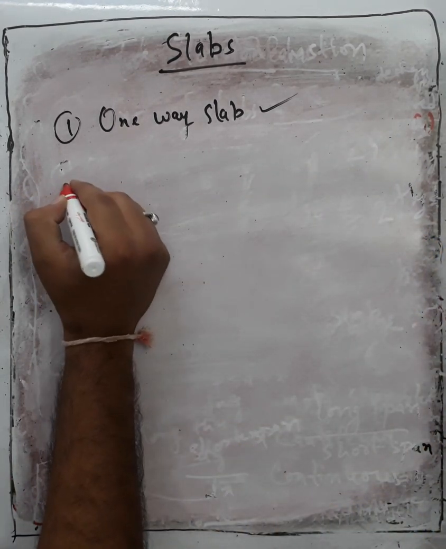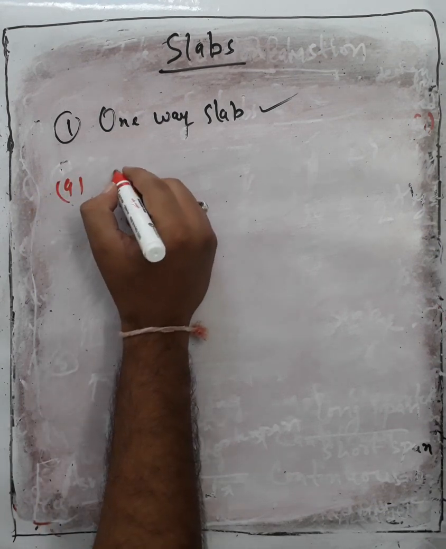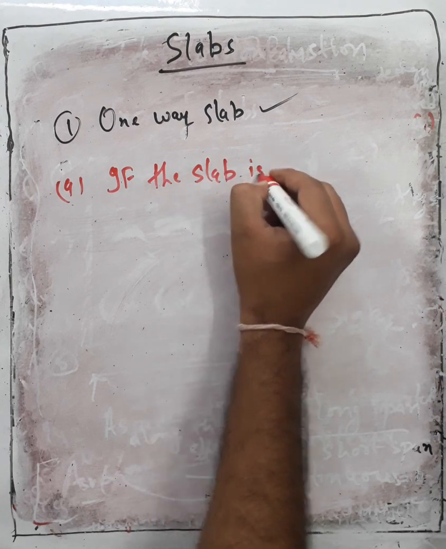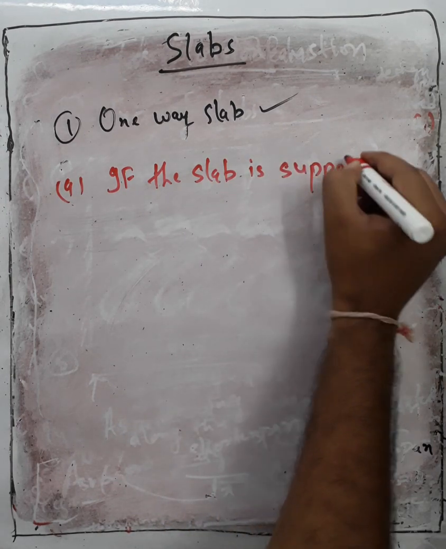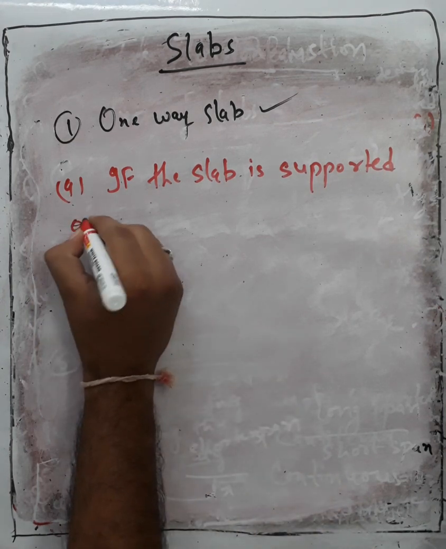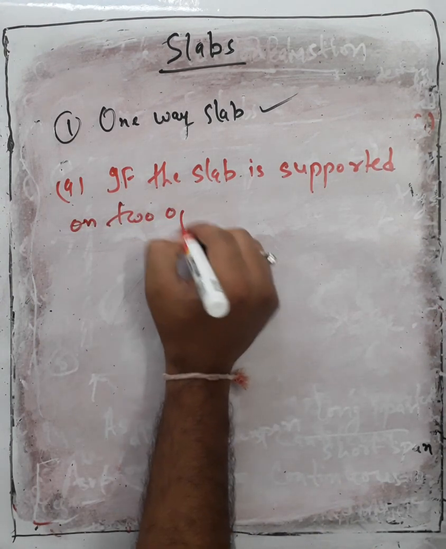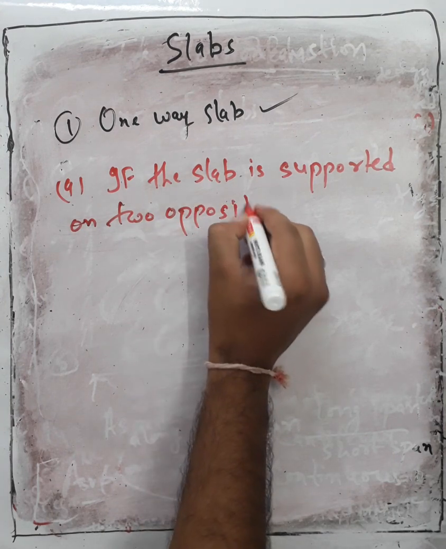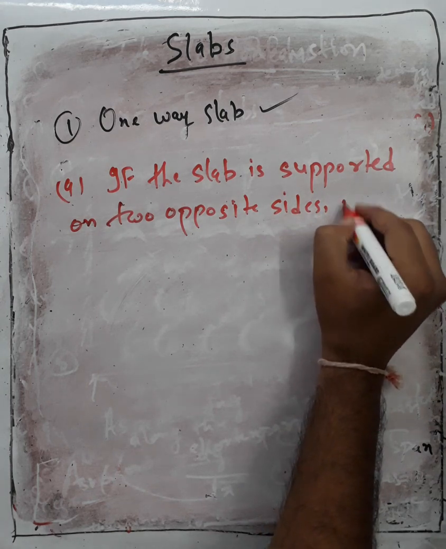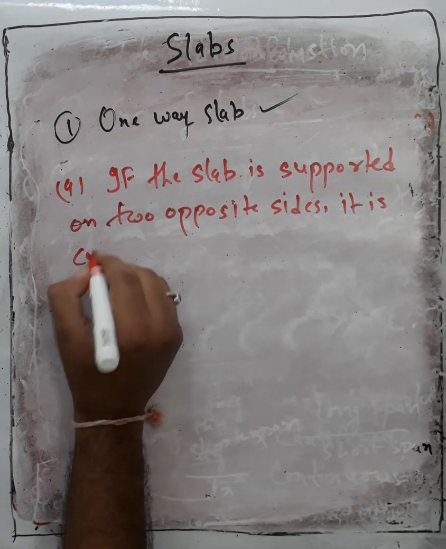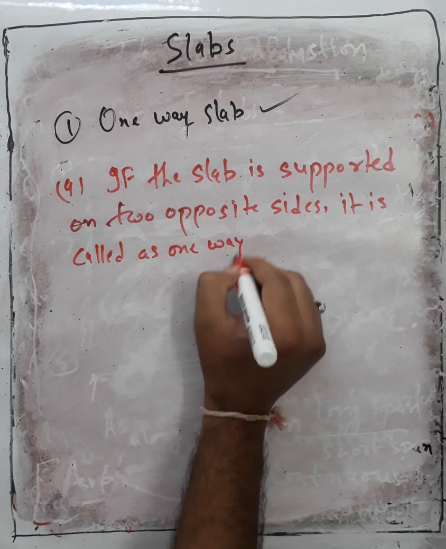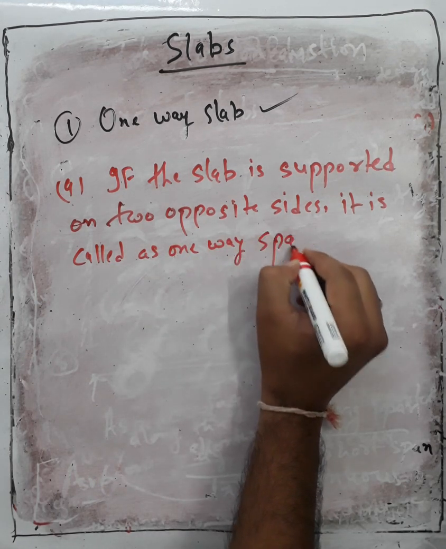So let's write the first point. If the slab is supported on two opposite sides, it is called one-way slab or one-way spanning slab.